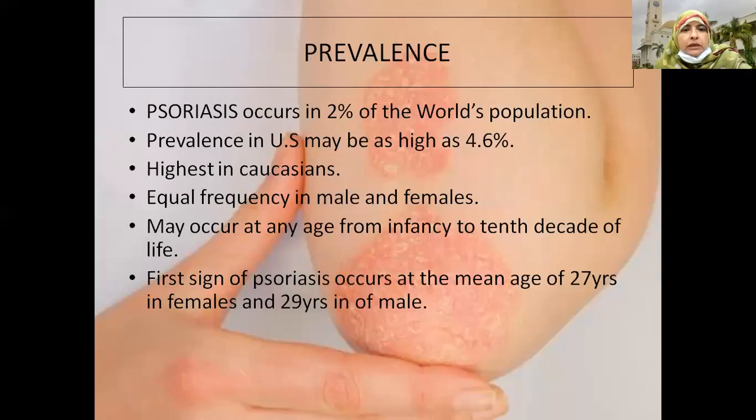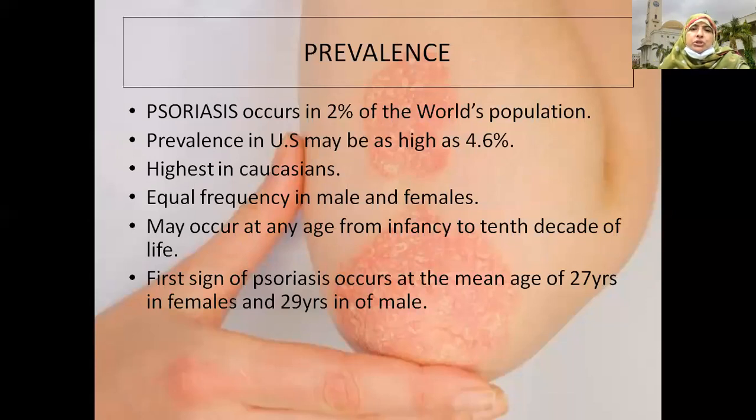The prevalence is 2% of the world's population. And among the Caucasians, it is more common. In USA, the prevalence may be as high as 4.6%.